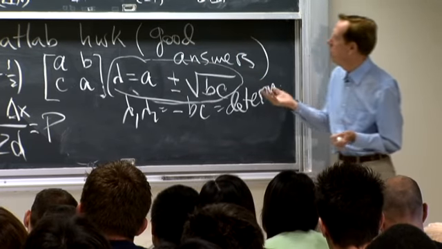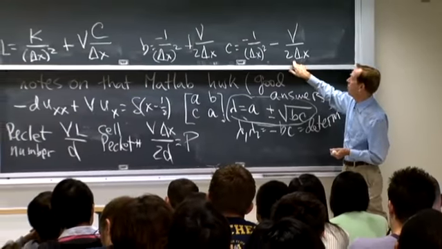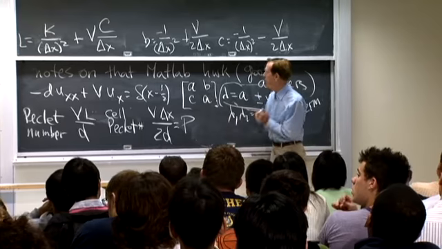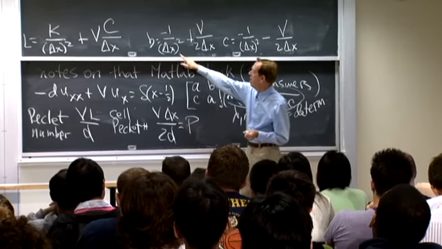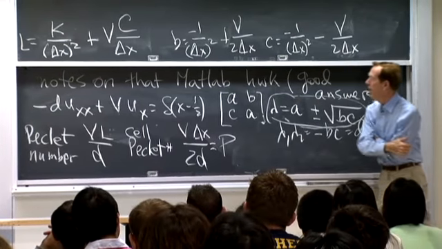C is staying negative. And originally, for a little delta x, B is also negative.